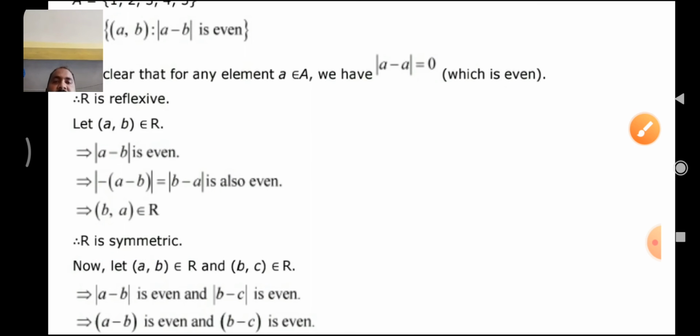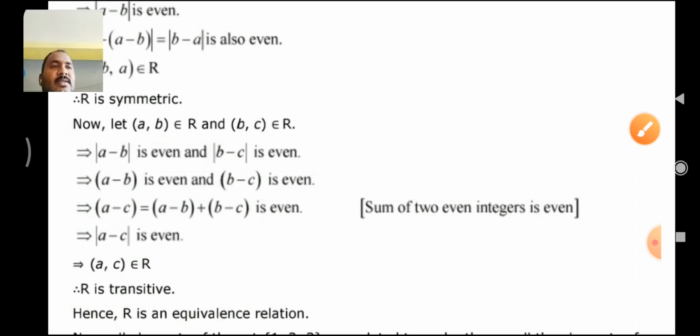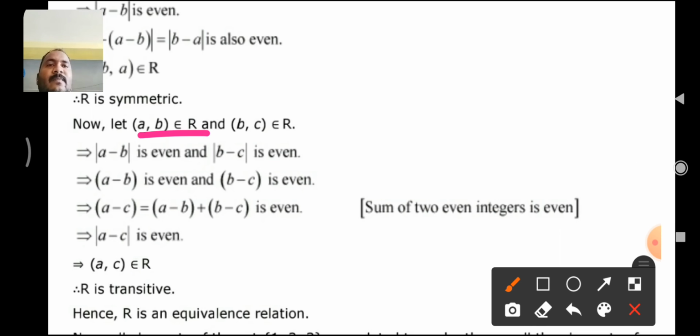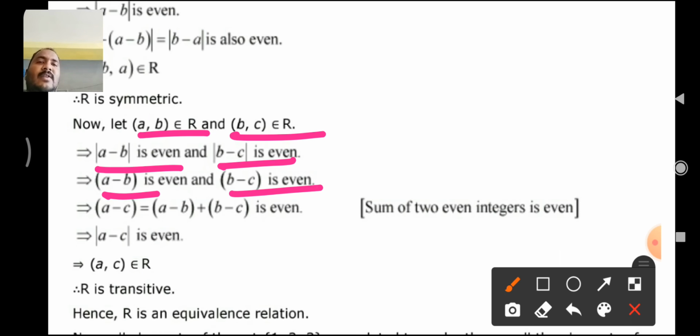Next, let (a, b) belong to R and (b, c) belong to R, because |a − b| is even and |b − c| is also even. Then a − c = (a − b) + (b − c); the b terms cancel, and again we get a − c.